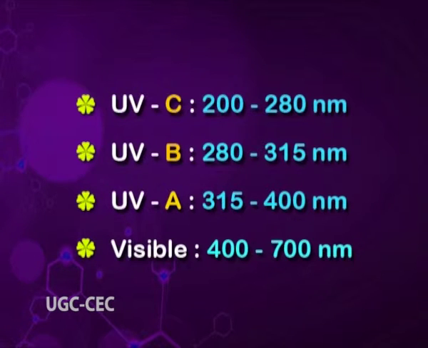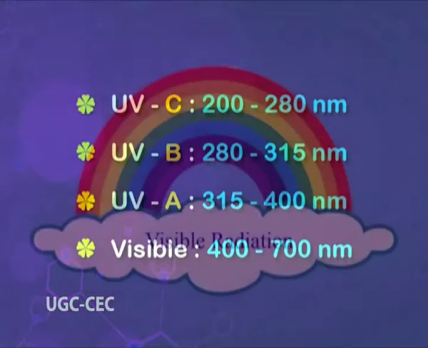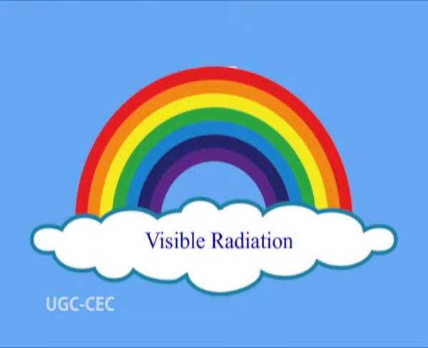This is after the filtration of ultraviolet radiation by oxygen and ozone present in the stratosphere. Beyond UVA are the visible radiations that can be split into 7 colors as in a rainbow.